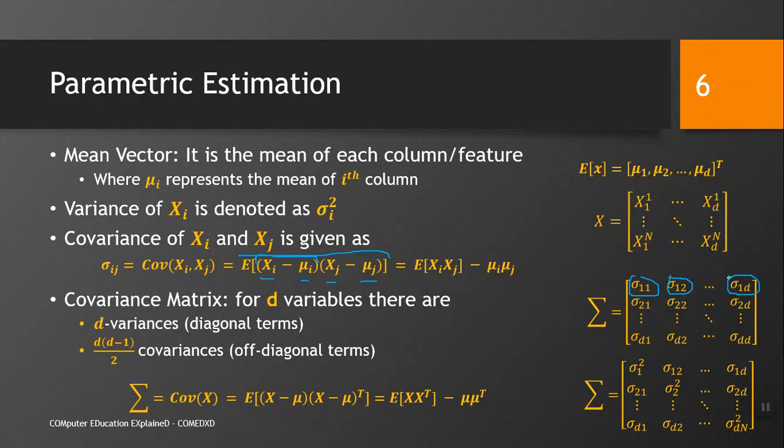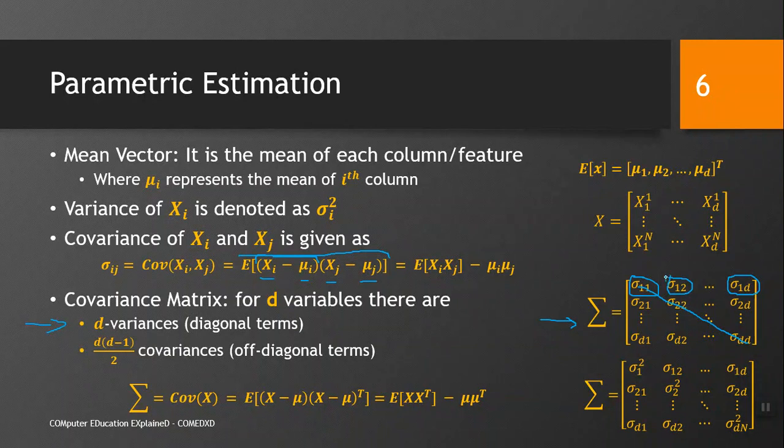And because we find the covariance of each feature with every other feature, as a result we form a matrix of covariances, right. So there are d variances, the diagonal terms, where each feature is processed with itself. This sigma 1 1 tells us the variance of feature 1 with itself.